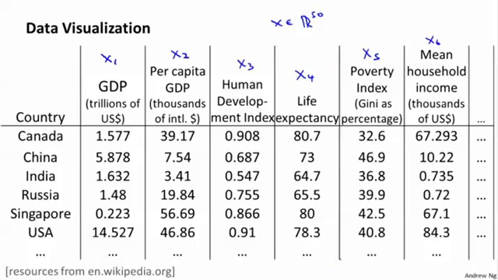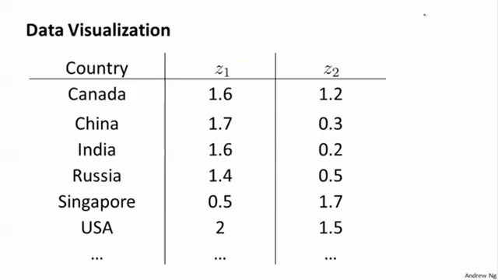Using dimensionality reduction, instead of having each country represented by this feature vector xi, which is 50-dimensional, say, instead of having 50 numbers to represent the features of a country like Canada, let's say we can come up with a different feature representation, these z vectors, that is in R2.